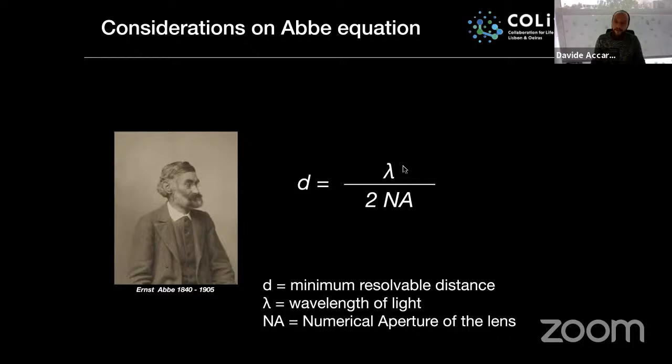Conversely, if you have the same structure labeled with the same fluorophores, but you observe it with different objectives, with different numerical aperture, or different objectives with the same numerical aperture, but you have to know that two equal objectives do not exist, you will still produce different images.